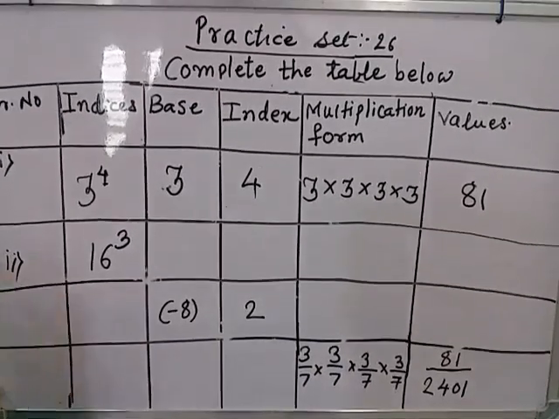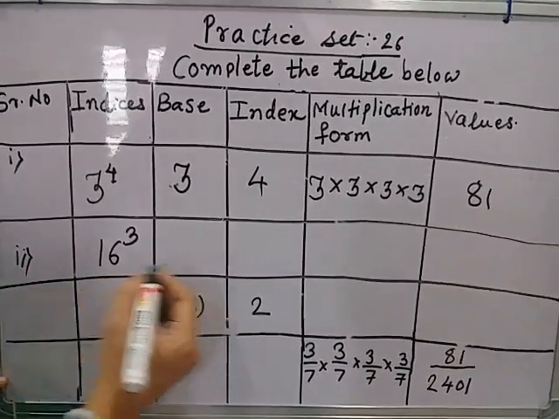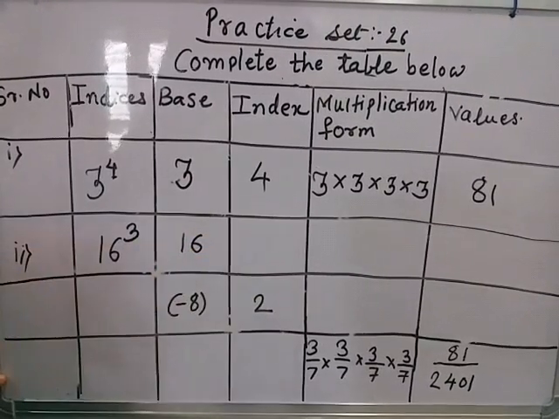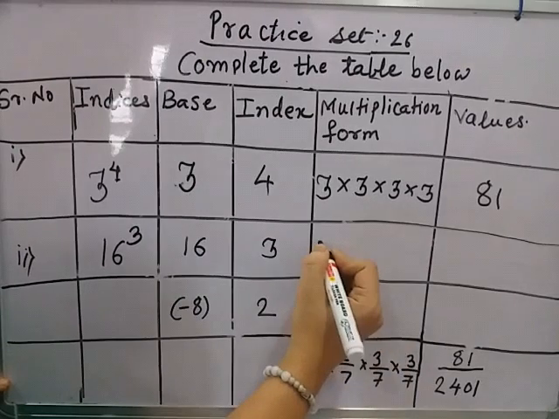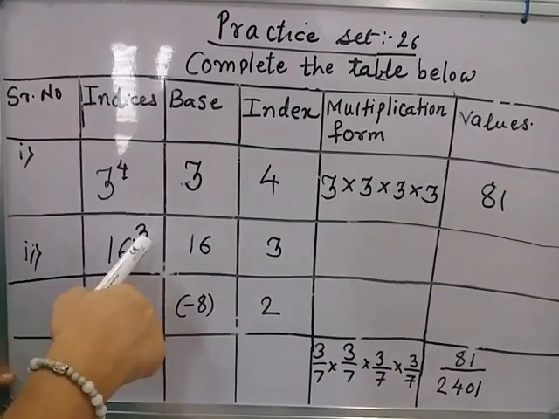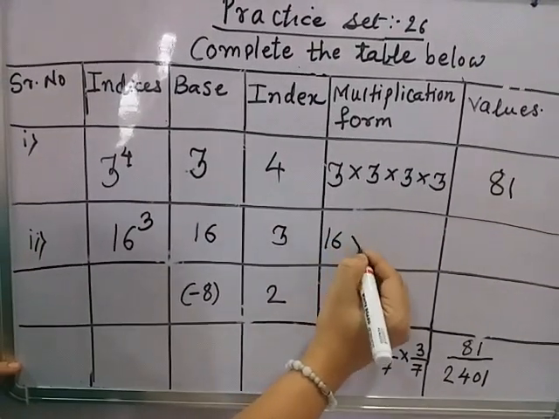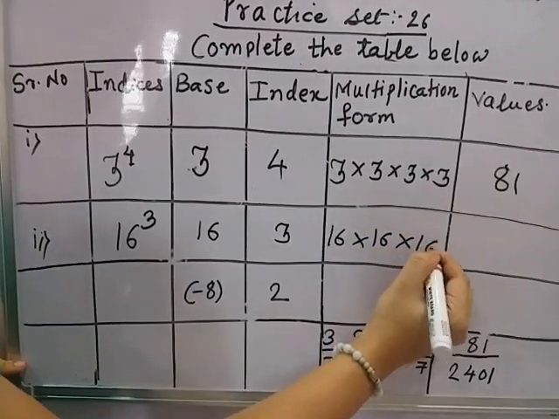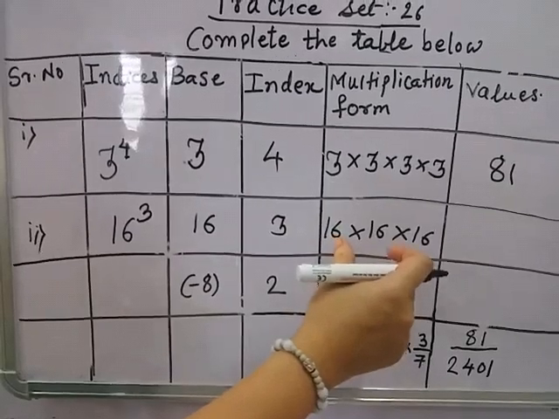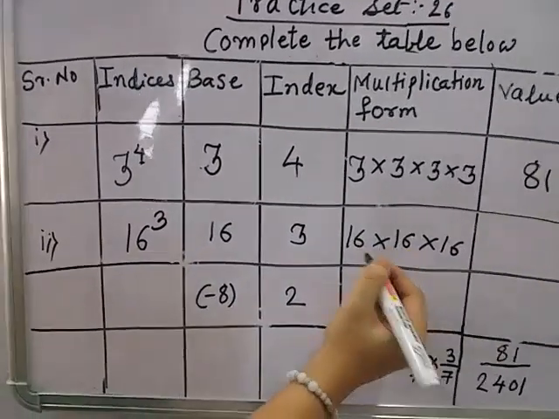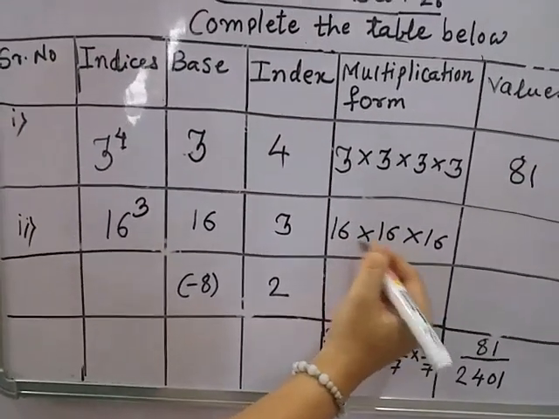Okay, let's do the second one. Tell me what is the base over here? 16. What is the index? 3. How to write it in the multiplication form? You have to write 16 how many times? 3 times. So write 1, 2 and 3 times. And then you are going to find the value. The numbers are a little bigger, so you have to multiply properly. What you have to do is 16 into 16, that is 16 square.